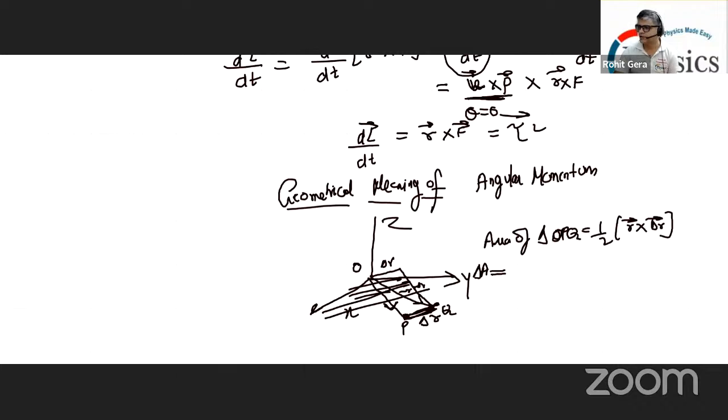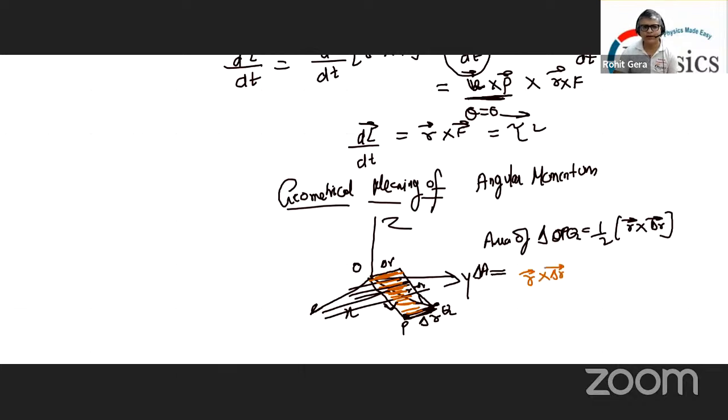And this is the parallelogram which I have completed. Let me color it. The area of the parallelogram is given by R cross delta R.